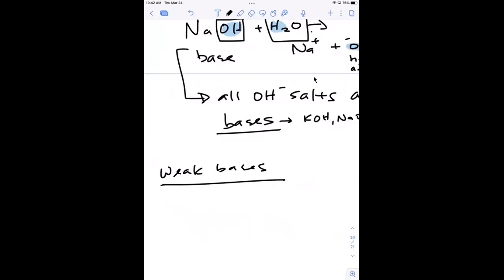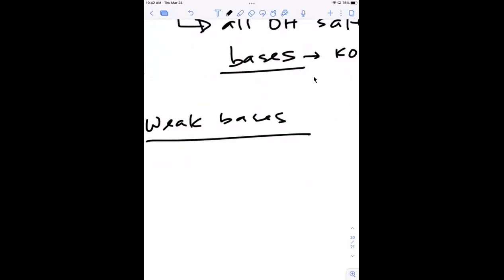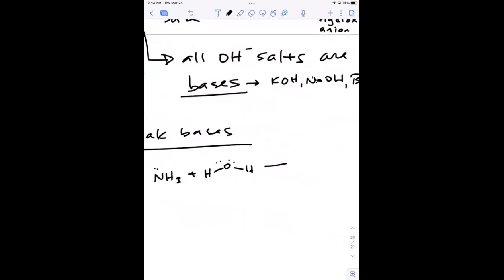Those are actually considered pretty strong bases. But in relative terms, something like ammonia will not fully ionize.